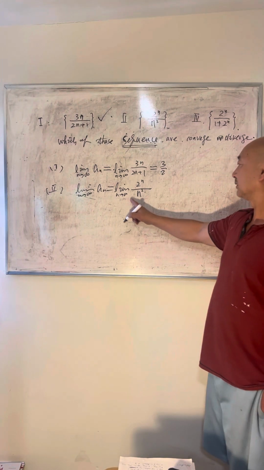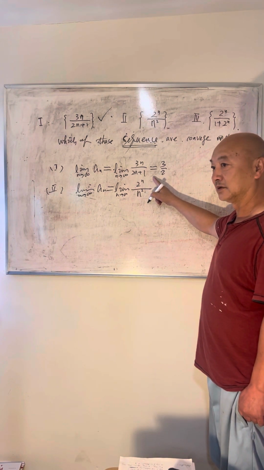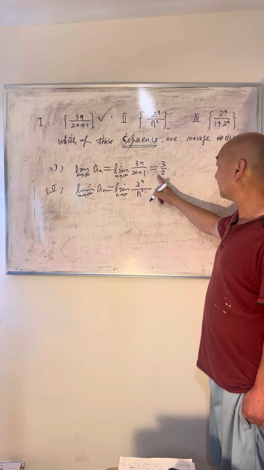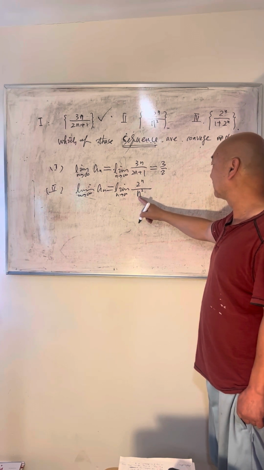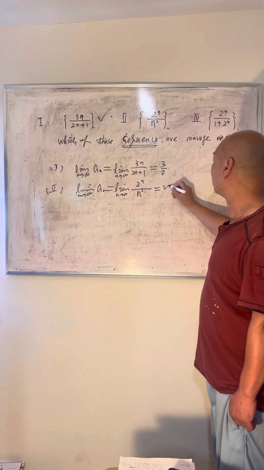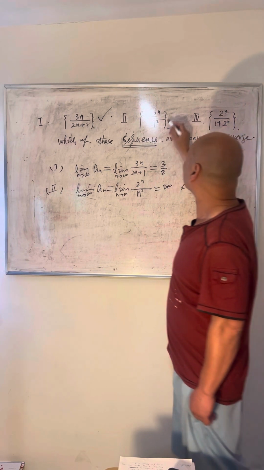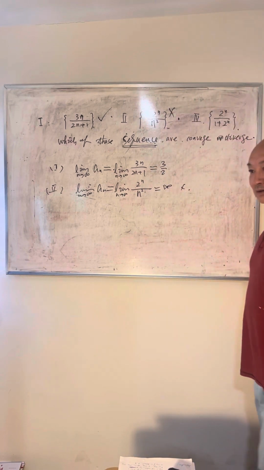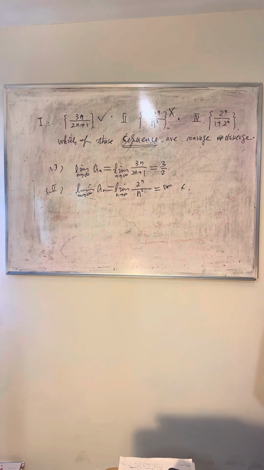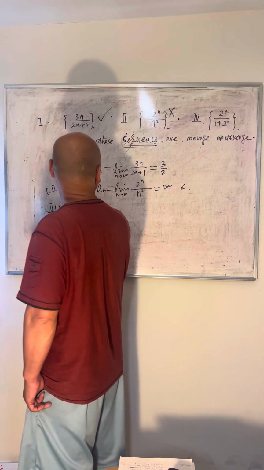The numerator increases much faster than the denominator n squared, so the limit is infinity. The limit does not exist, so this is not convergent, it is actually divergent. Third.